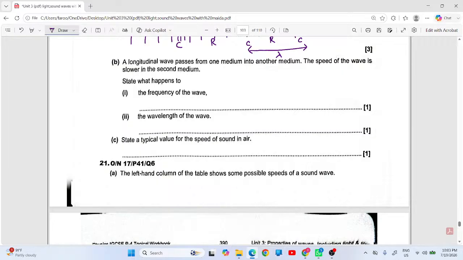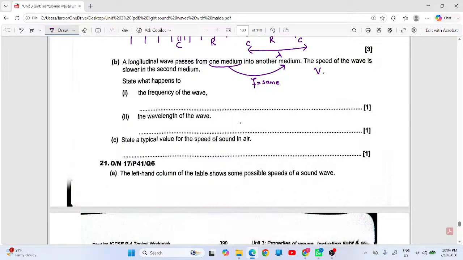फ्रीक्वेंसी जो है वो एक मीडियम से जब दूसरे मीडियम में जा रहा है ना, तो wave is moving from one medium to another medium. याद रखें फ्रीक्वेंसी, whenever there is a change, frequency stays the same.